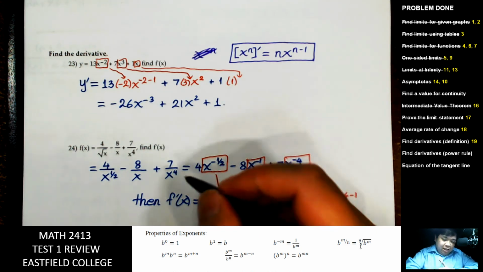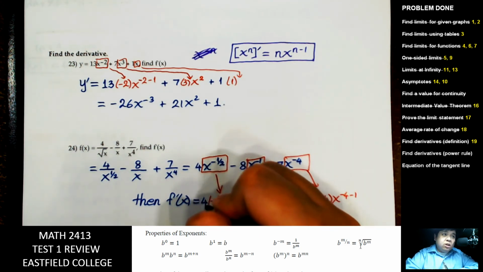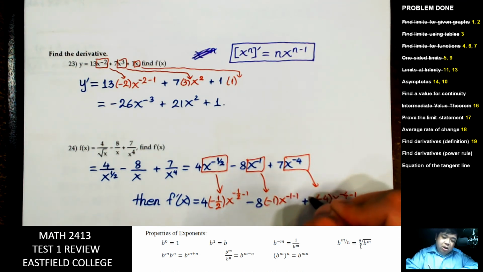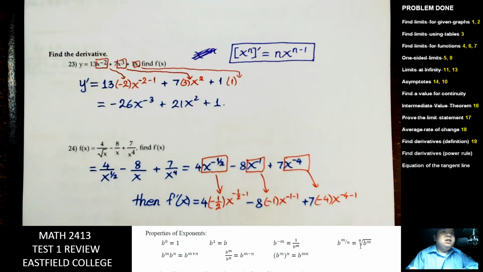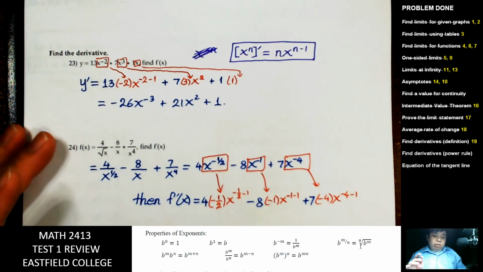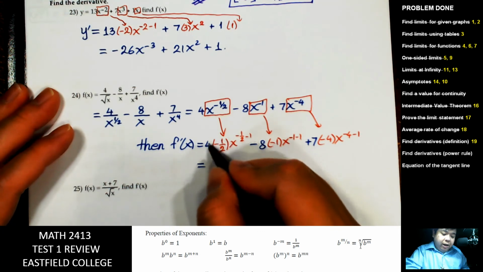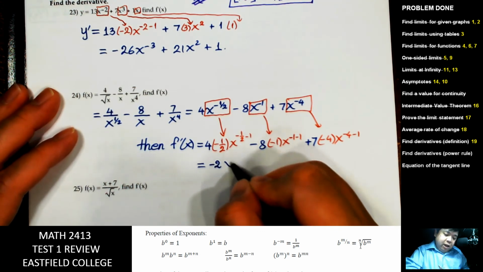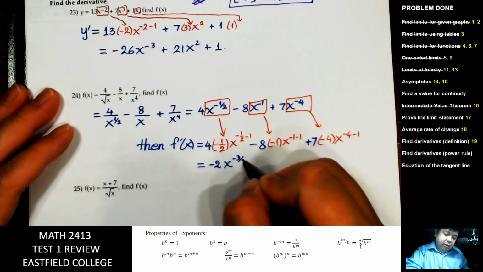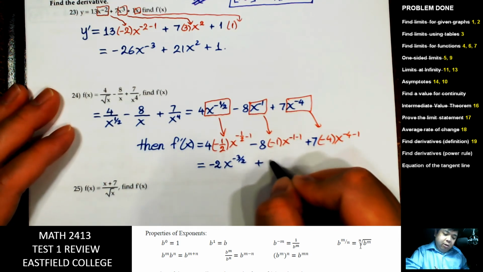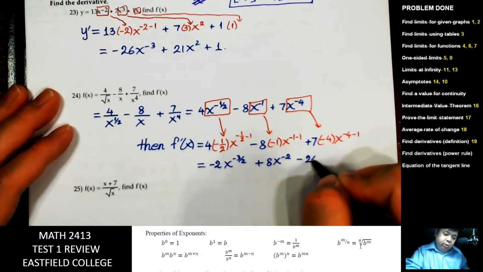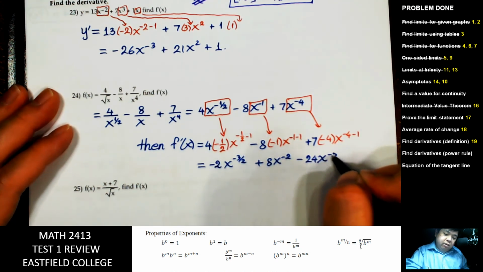Notice that the 4 in front of it still stays, the minus 8 here is still there, and the plus 7 is still there. So we take the derivative of all the powers, and all the constants in front will stay, and we have negative 2 x to the negative 3/2 plus 8 x to the negative 2 minus 24 x to the negative 5.